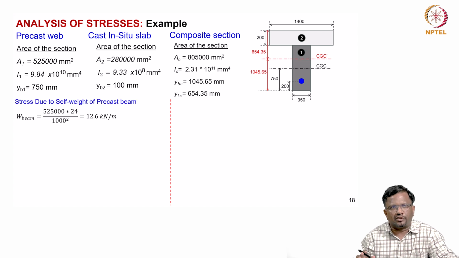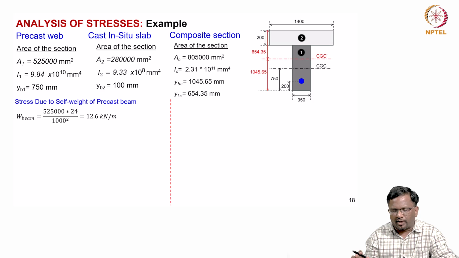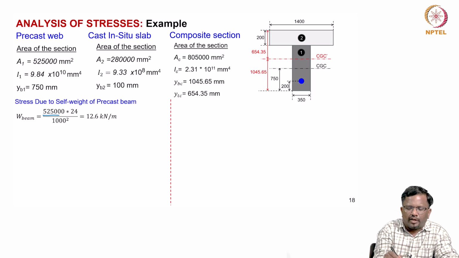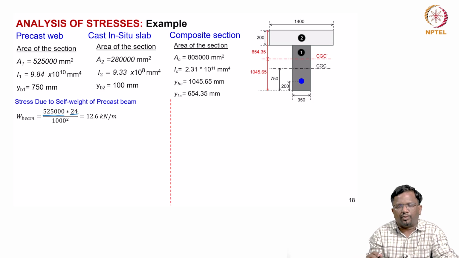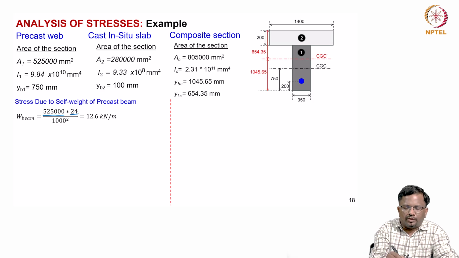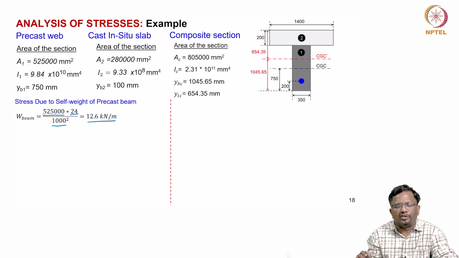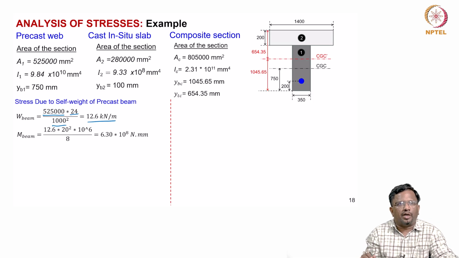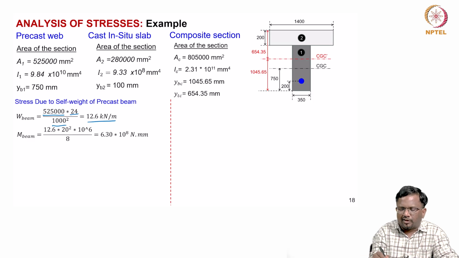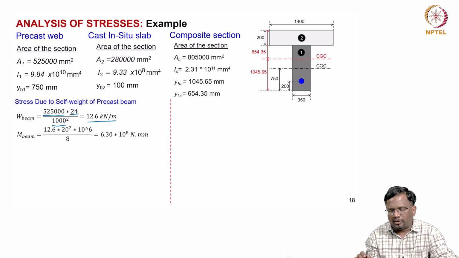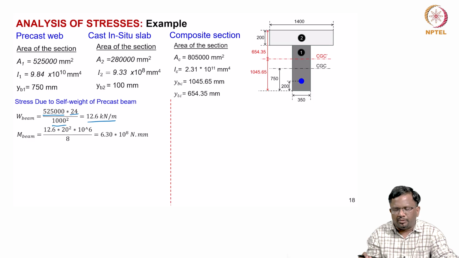Now, what is the self weight? I have to calculate the self weight. Area we have already calculated, multiplied by 24, which is the unit weight, 24 kilonewton per meter cube, divided by 1000 square, will give me 12.6 kilonewton per meter. And the self weight moment, you can see here, we get about 630 kilonewton meter.